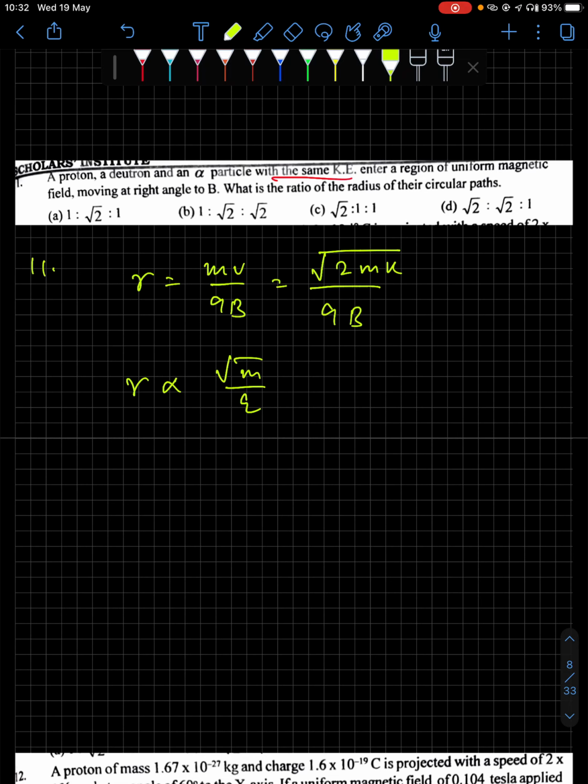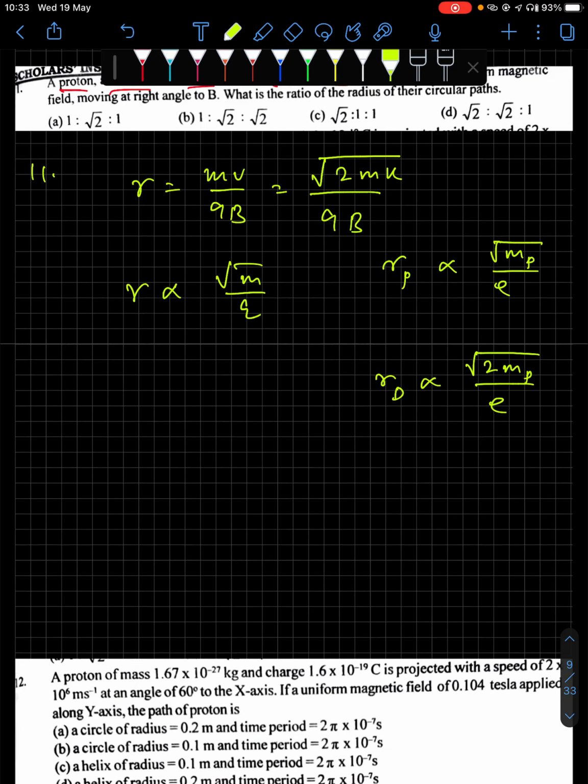So you have proton, deuteron, alpha. For the proton it is proportional to square root of mp divided by charge e. For the deuteron it is proportional to square root of 2 mp divided by charge e again.